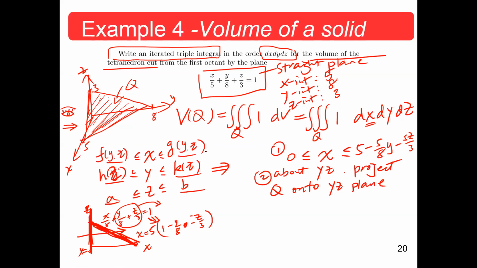What would you have? The solid, if you project onto the YZ plane, don't you just have this rectangle? Yeah. Right, so here's Y, here's Z, and the intercepts will be 3 and 8 respectively. So that's going to be what you have on the YZ plane.